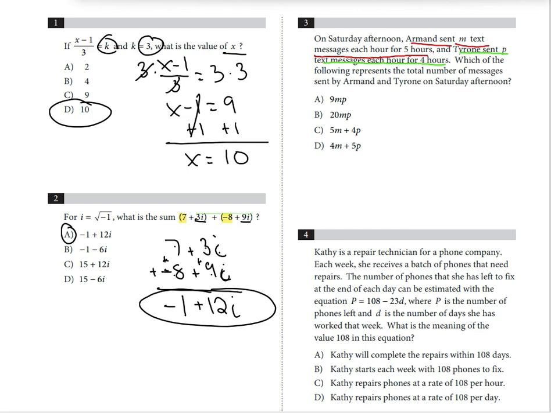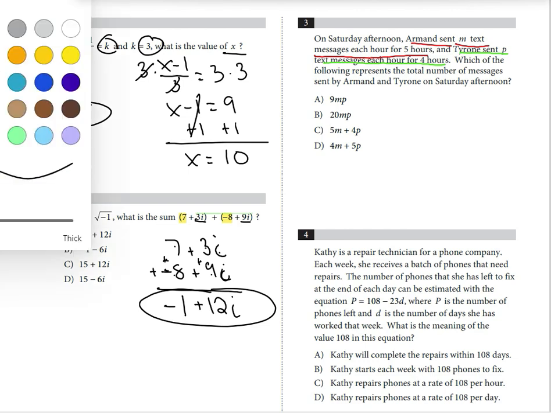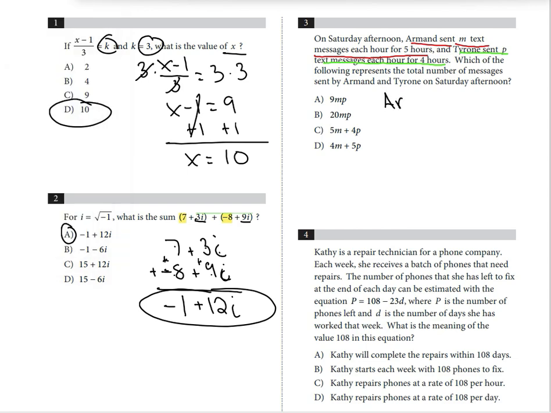So we basically want to represent Armand's messages plus Tyrone's messages, right? So Armand sent M text messages each hour for 5 hours. So how do we represent M text messages each hour for 5 hours? Well, that's going to be 5 times M, right?